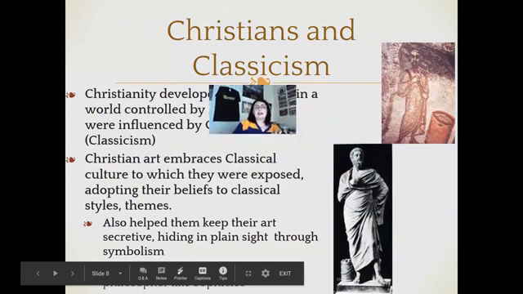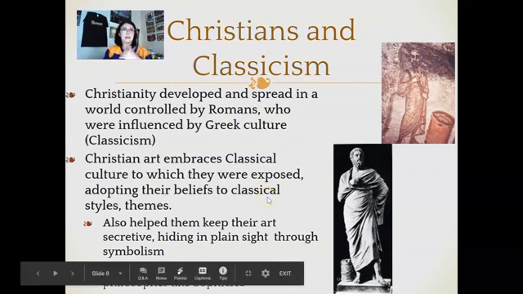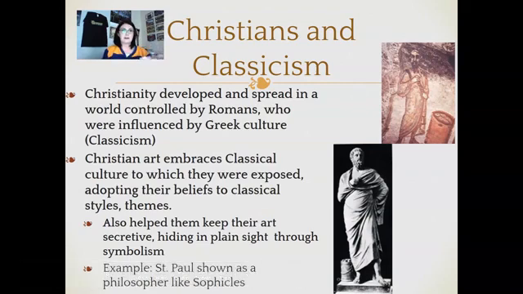So this is a really good example of how Christianity is going to help to continue classical Greek and Roman art by adopting what was already happening in Greek and Roman art. So one of the things that they could do, for example, is Jesus was considered to be a teacher. Well, the Greeks and Romans had philosophers. That was very, very common.